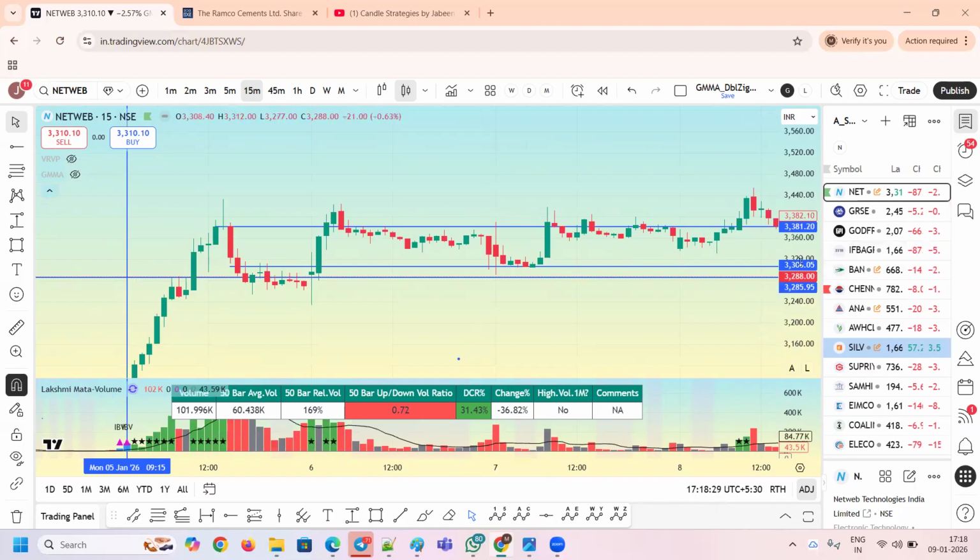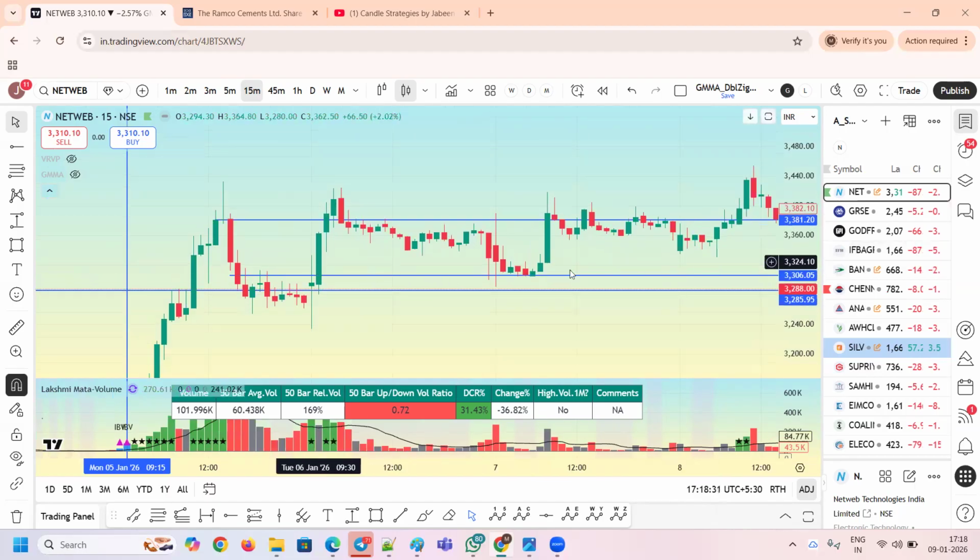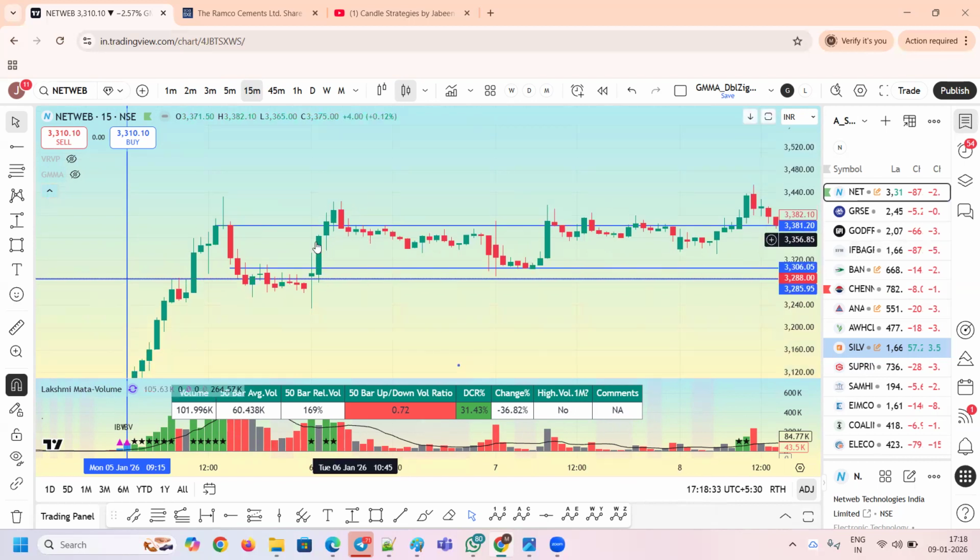Even if you see this, imagine this move, what it means to you from here to here. A 60 rupees move. Still bigger, I think. In 1 minute, this point to, oh, that is too much. Not this one. Here, right?